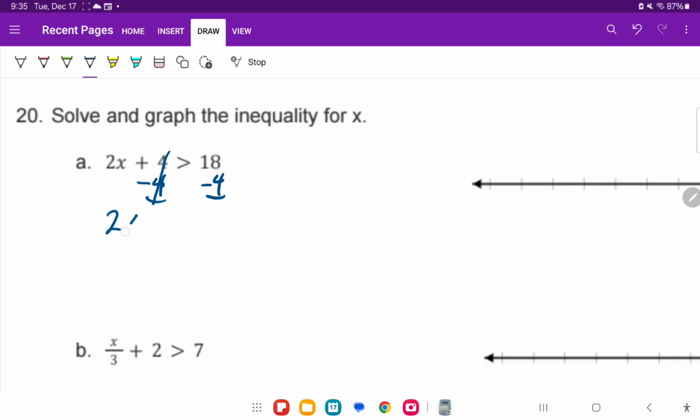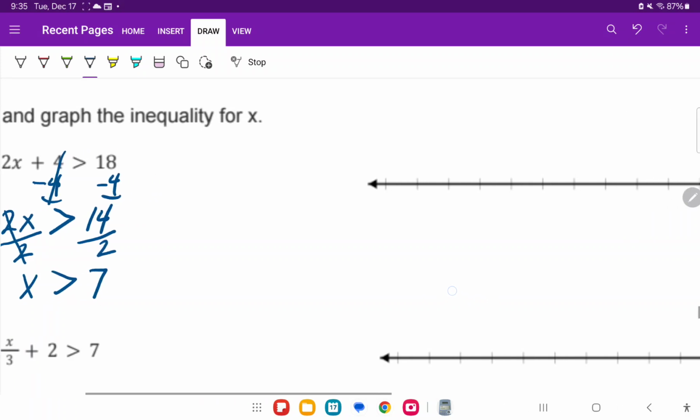So you bring down your 2x, bring down your greater than, bring down your 14. So then we're going to divide by the coefficient of the variable. So x is greater than 7.